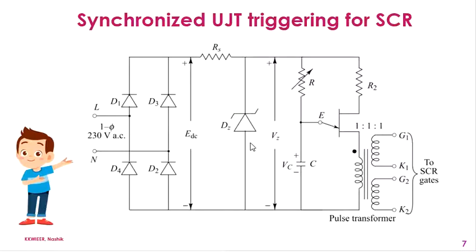This Zener diode DZ is used to clip the rectified voltage to fix the voltage VZ. So EDC voltage will get lowered by the resistor RS, and then it will get clipped by the Zener diode to VZ.